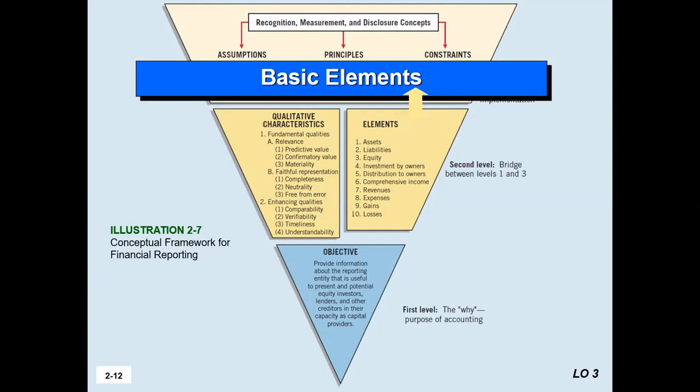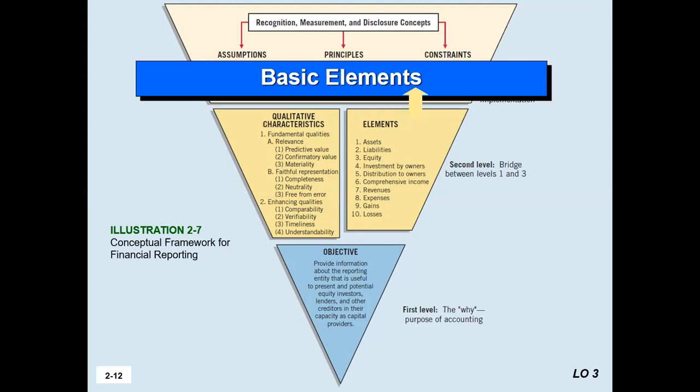I know that we've talked about each of those in principles of accounting. However, we did not touch much on gains and losses. So gains are increases in equity from peripheral or incidental transactions of an entity. So not from normal day-to-day operations, but from peripheral transactions.